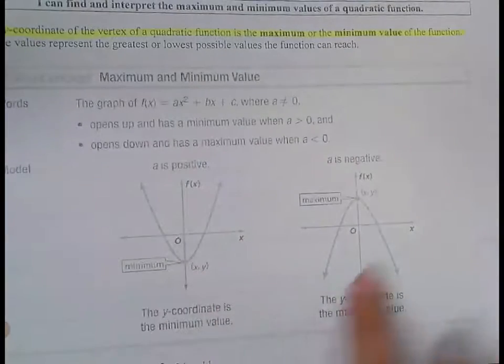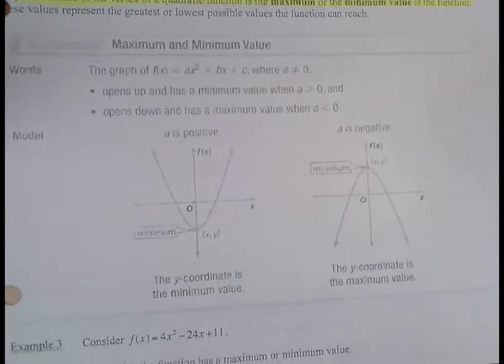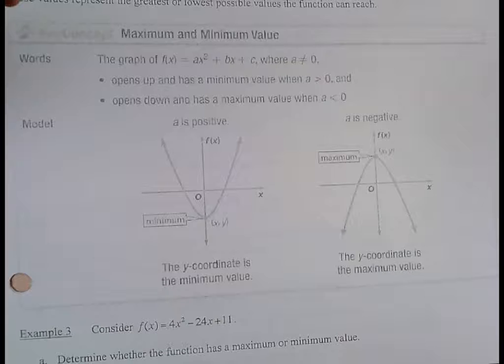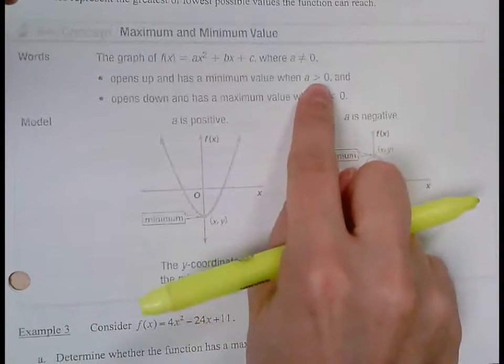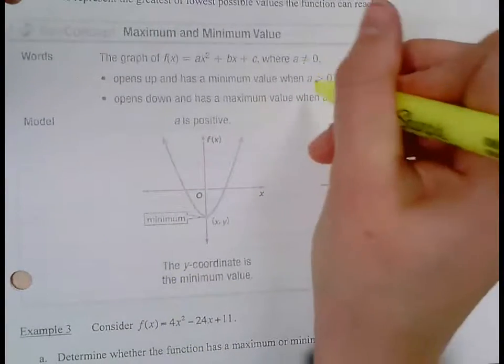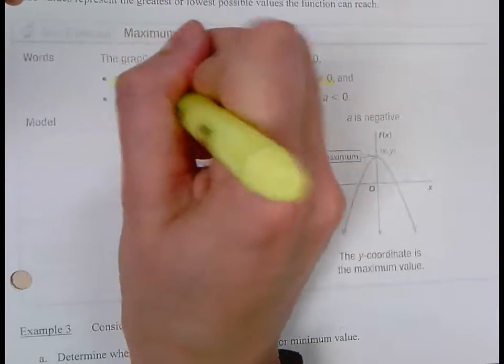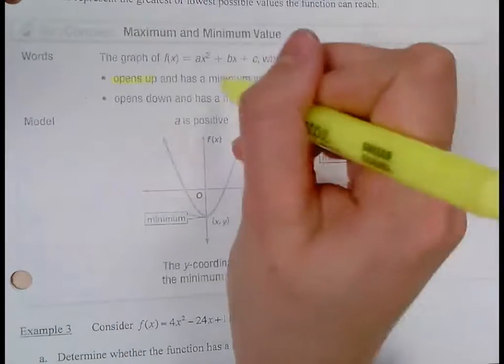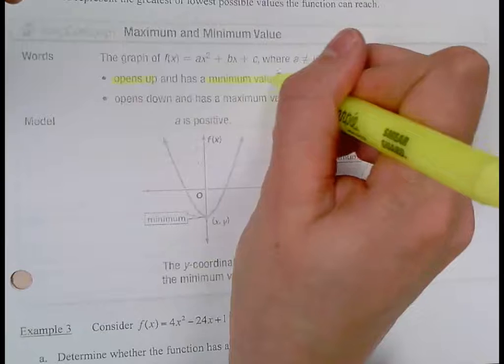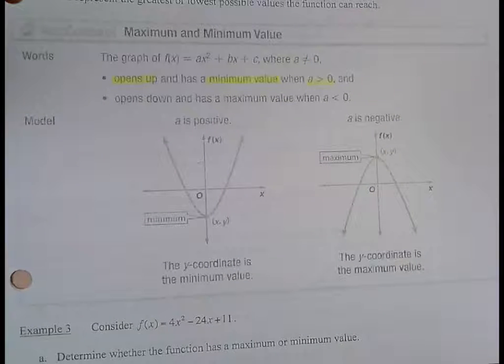So this table here really shows you, just from an equation, how to determine if you have a maximum or a minimum. So this is without graphing it. If your a value is greater than 0, so your a value is positive, this means your parabola is going to open up, and therefore your vertex will be the lowest point, so it will have a minimum.